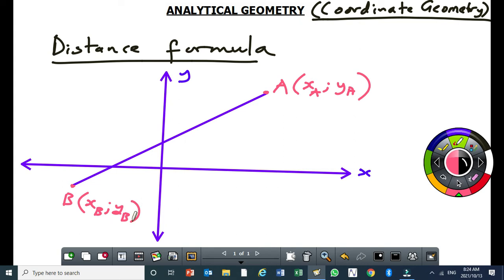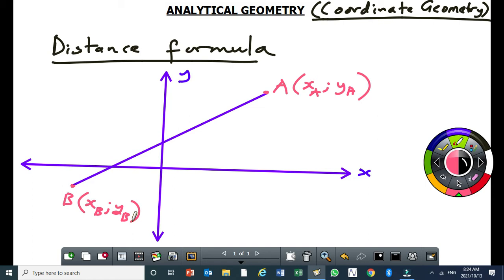Right? Now, since we are given coordinates, there is no direct formula that you can use as is to calculate the length, except measuring it using a ruler. That's the only one.